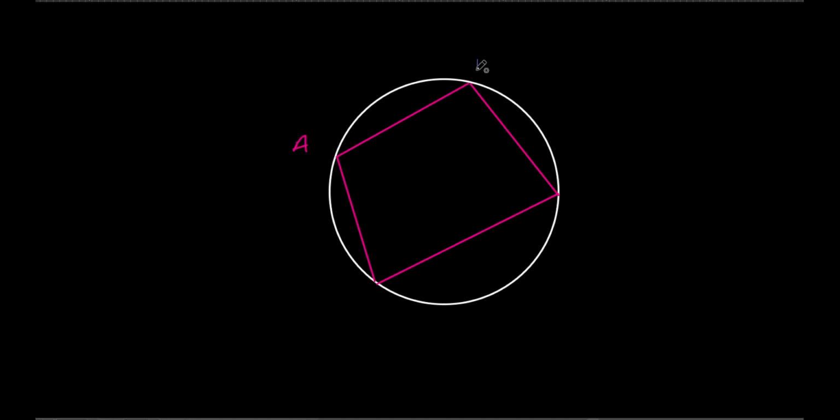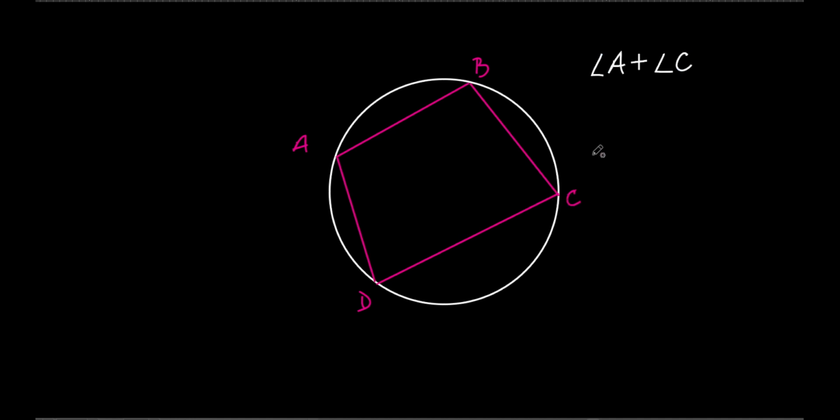But let's do this. A, B, C, D. Now, everybody listening, right? Yep. So it says that the opposite angles of an inscribed quadrilateral are supplementary, which means what? Angle A plus angle what?